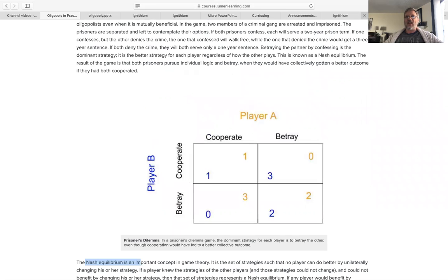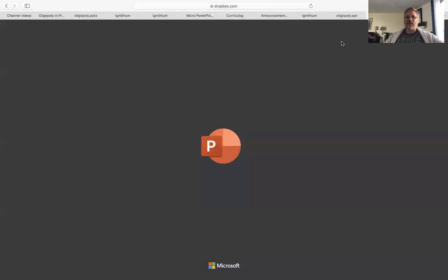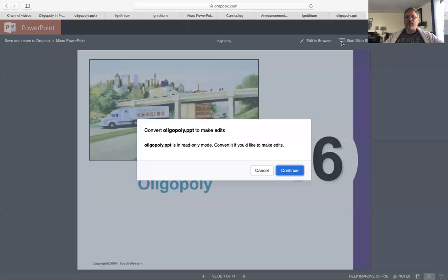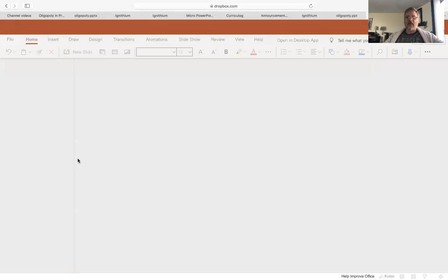There's a lot of other background, and let me just see if I can open this up so that you can get a bigger picture. Okay.